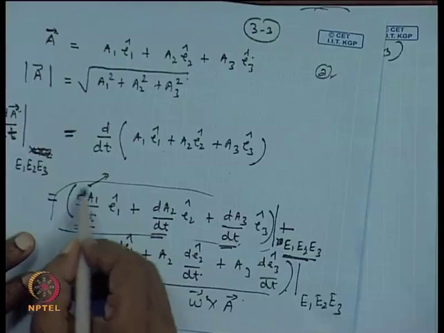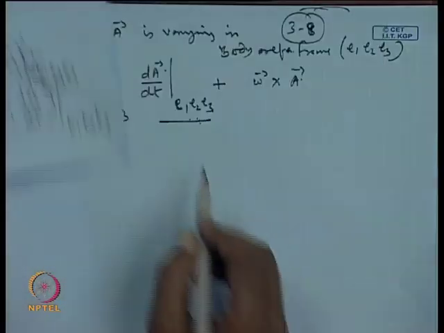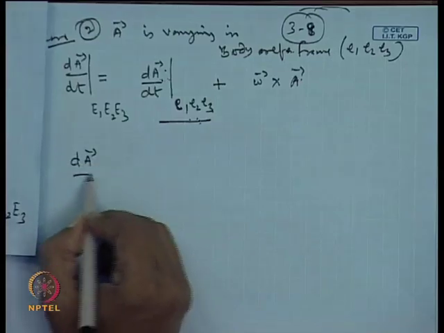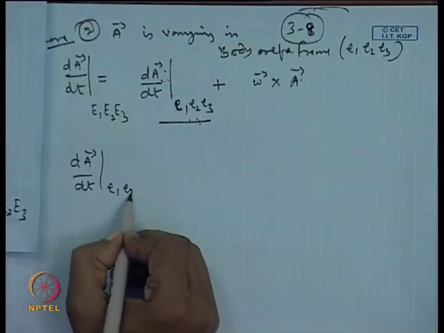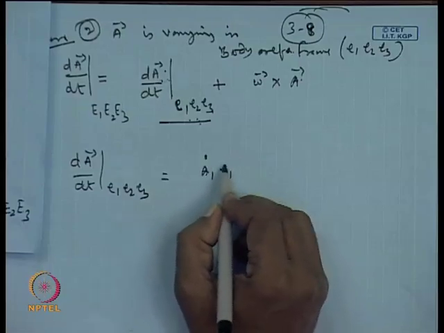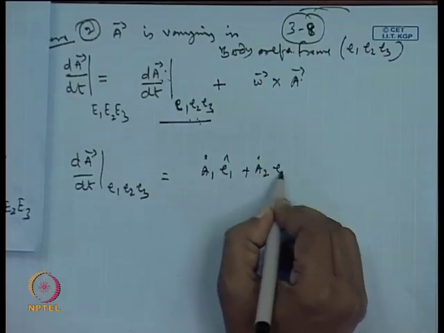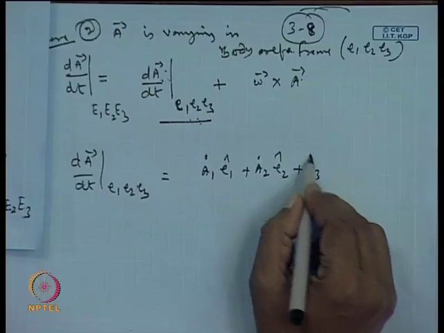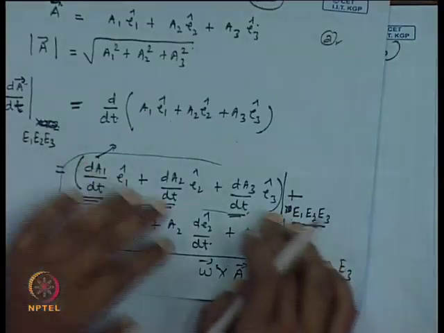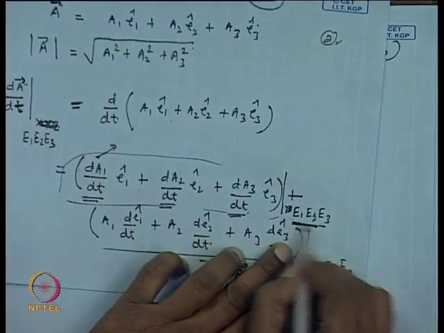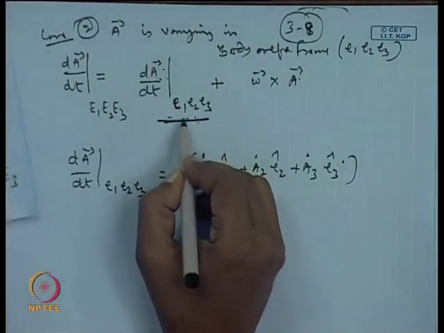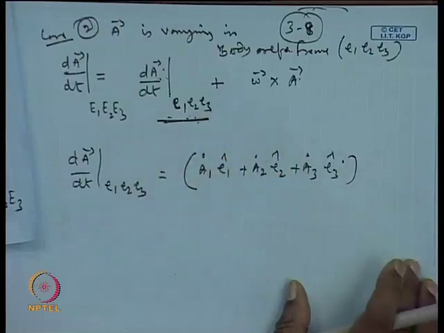So, you just have to take the components, and the same thing has been written here in this format. So, dA by dt with respect to E1, E2, E3, we write as A1 dot E1 cap plus A2 dot E2 cap plus A3 dot E3 cap. This is going to be the same as seen from the small E1, E2, E3 body reference frame.